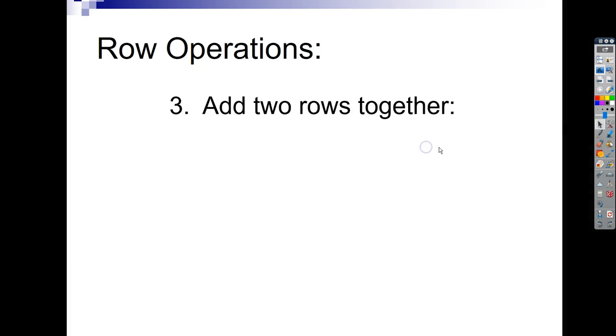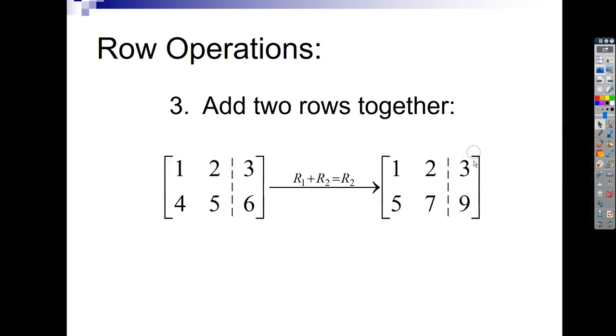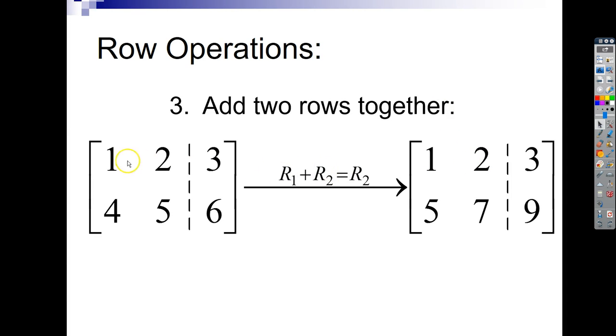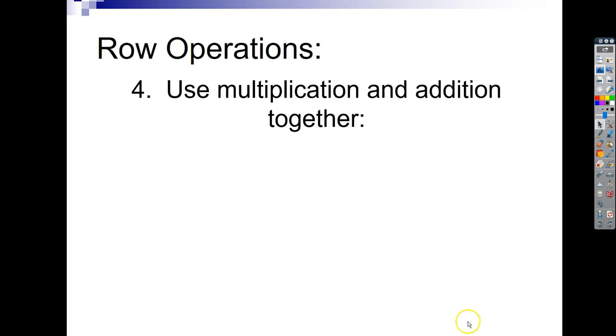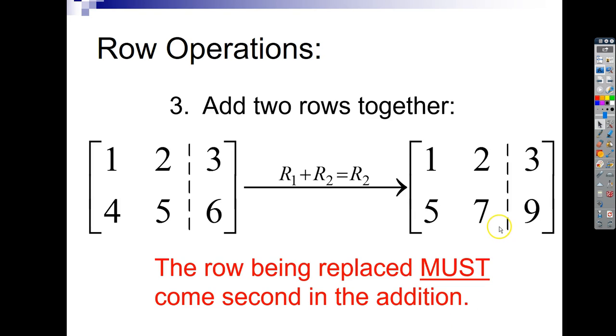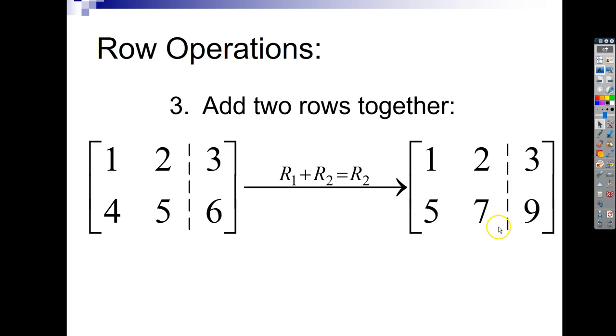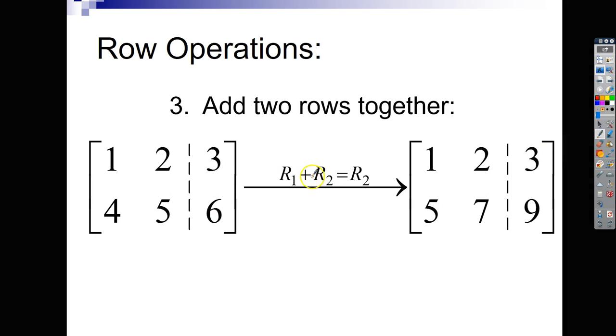The next row operation is that you can add 2 rows together. So this says row 1 plus row 2, and we're going to put it in row 2.